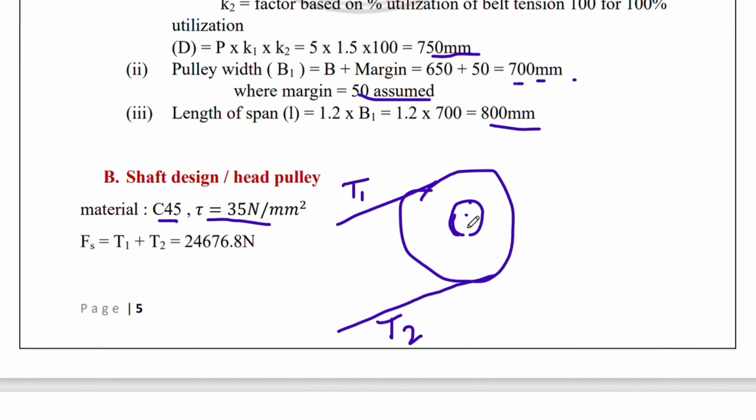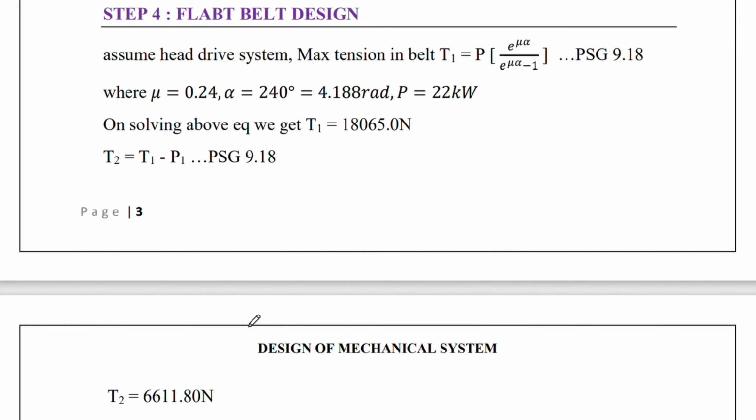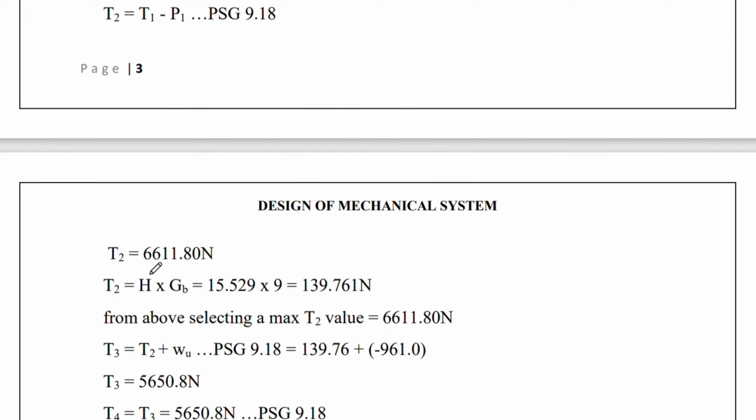In the middle the force will be Fs. So here Fs is equal to T1 plus T2. T1 and T2 we found in step number 4. T1 is 18,065 and T2 is 6,611.